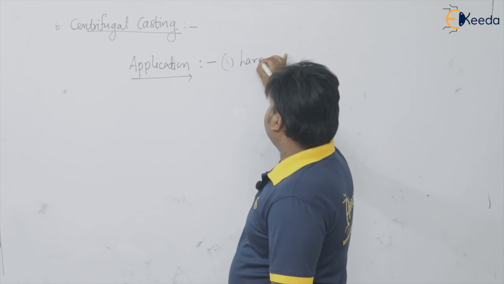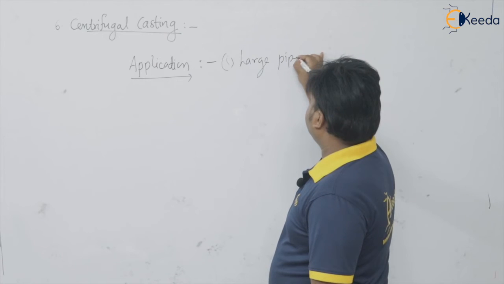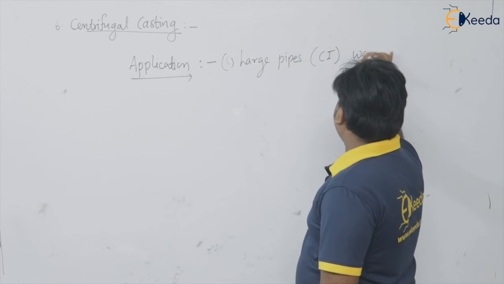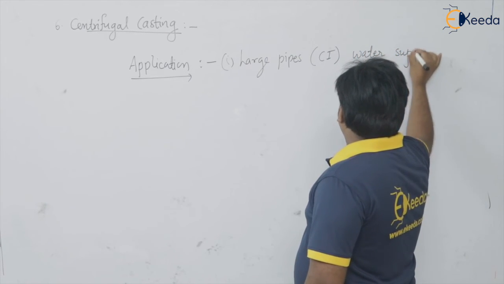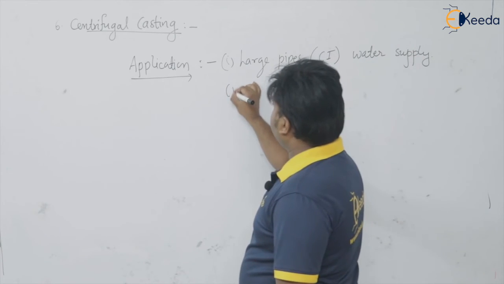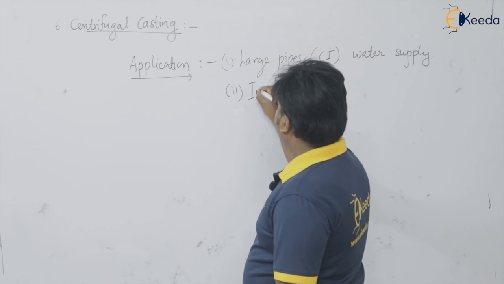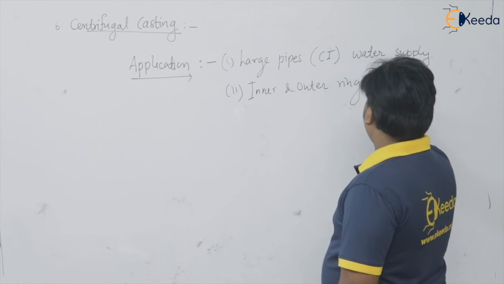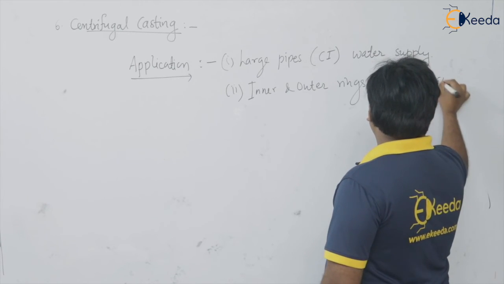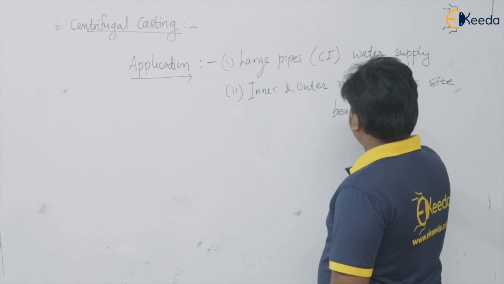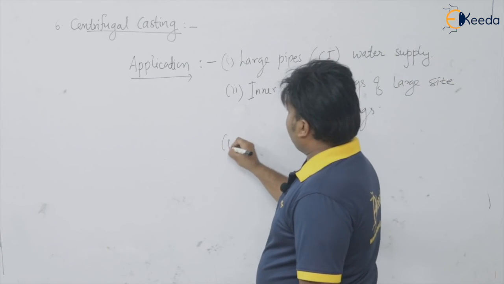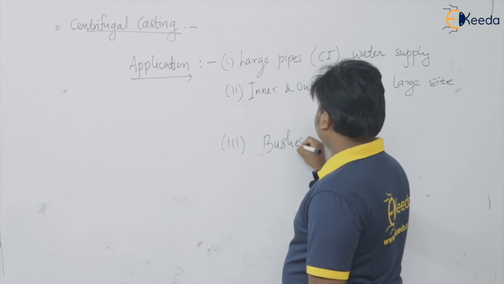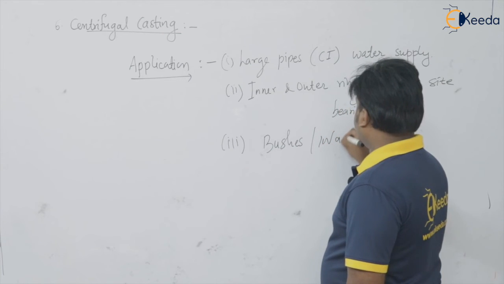The large pipes made up of cast iron in water supply, then the inner and outer rings of large size bearings, we are using this for bushes, or bushes are made, or the washers.